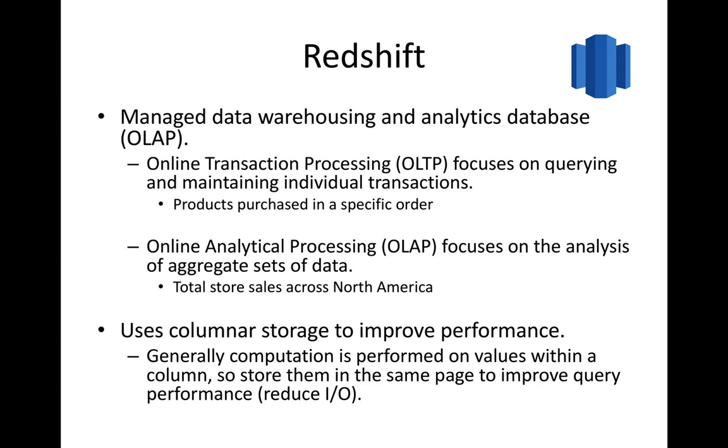OLTP stands for online transaction processing, and these databases focus on maintaining individual transactions. OLAP stands for online analytical processing, and OLAP databases focus on the analysis of aggregate sets of data.